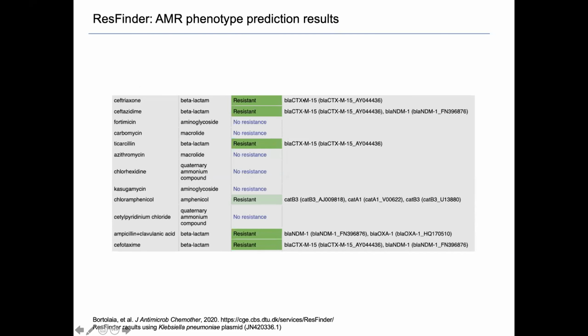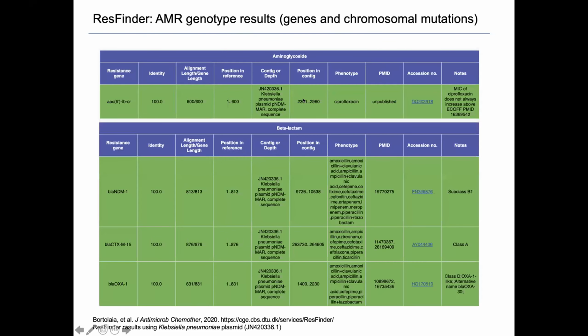Below the phenotype results, you'll also get to see genotype results, and they're also organized by drug class. So here we have aminoglycoside resistance and beta-lactam resistance, and then the resistance genes that it has identified, along with corresponding information such as the percent identity of the gene that it found, the particular phenotypes, and any accession numbers and publications that you may be interested in about this gene.